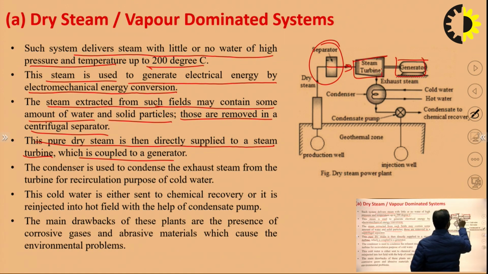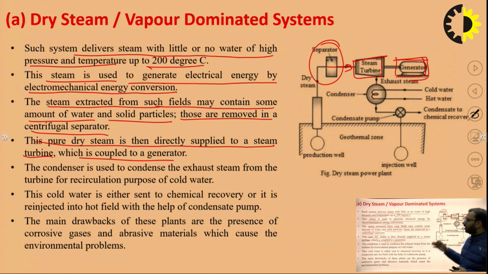This is the steam turbine and this is the generator. So with the help of this dry steam, the steam turbine will rotate, which also drives this electric generator, which produces the electricity.